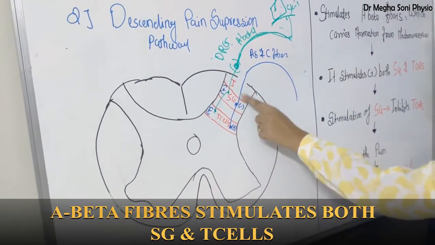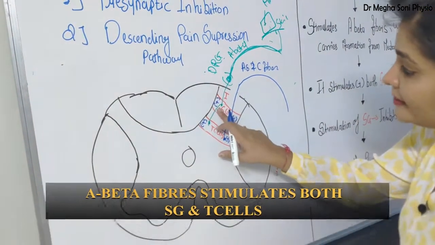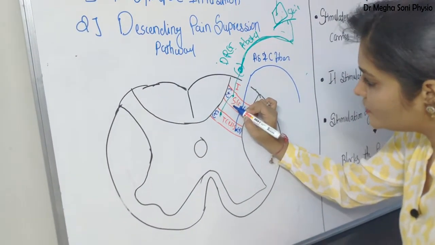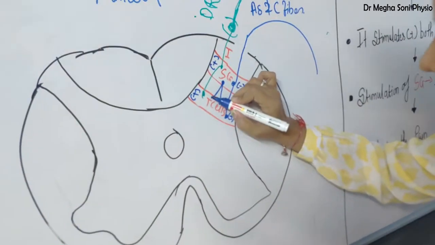The previous A delta and C fibers inhibit SG and stimulate the T cell. After stimulation of the SG cell, there are a few interneuron fibers which are connected to the T cell.